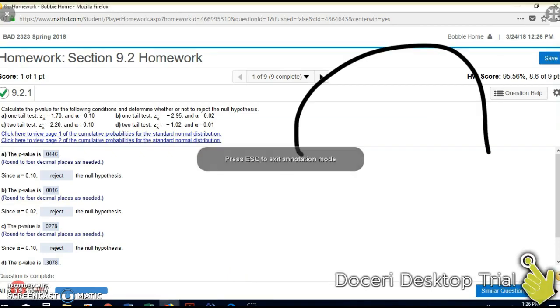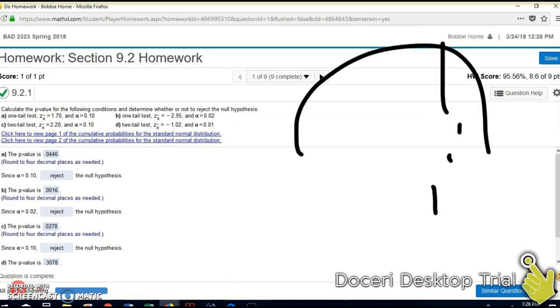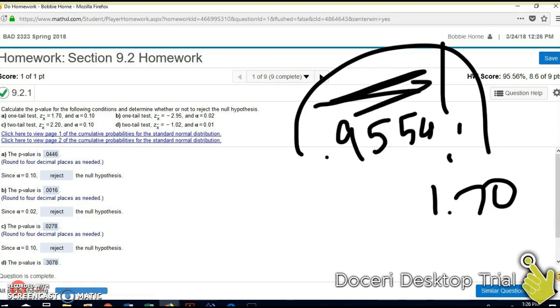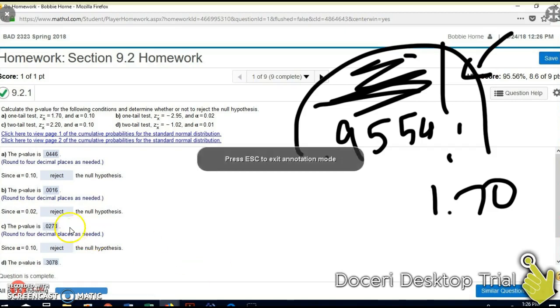The reason we know it's a right tail test is because it's positive. If it was negative, it would be on the left side. So this area here is 0.9554, and if we want the value over here, we do 1 minus 0.9554, and that is how we get 0.0446.